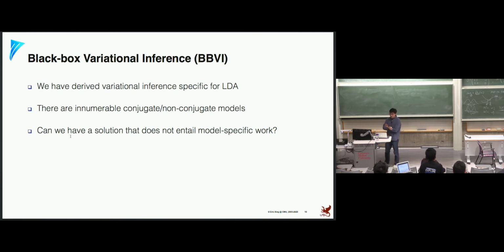So if we remember, in the LDA case, or if you apply it to many other classic examples like Gaussian mixture models and so on, the good old variational inference relies a lot on the conjugacy between the likelihood and the prior distribution. So for example, if I choose likelihood to be multinomial, then my very convenient choice for the prior is Dirichlet, because those are conjugates. So my posterior also follows a Dirichlet distribution.